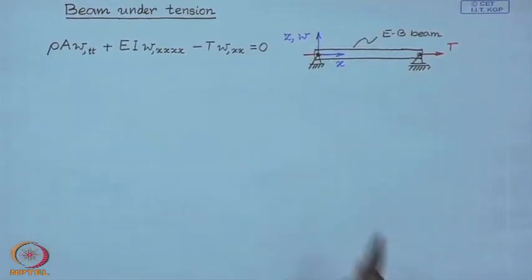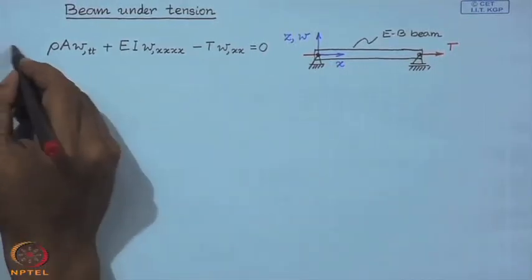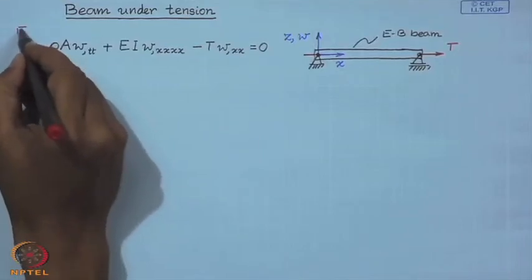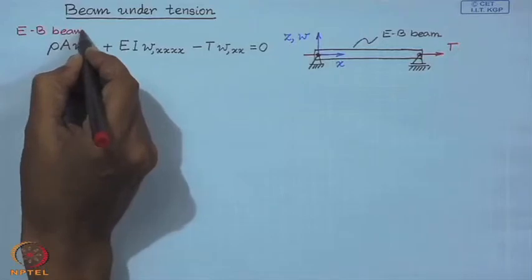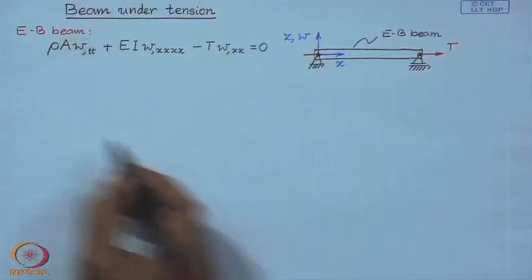So, this is the equation of motion for an Euler-Bernoulli beam.